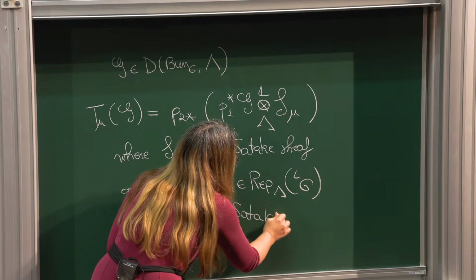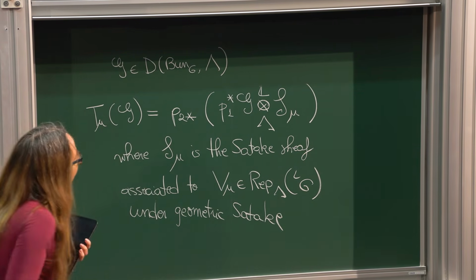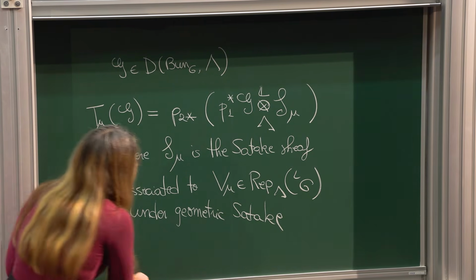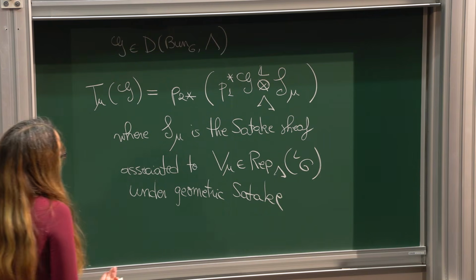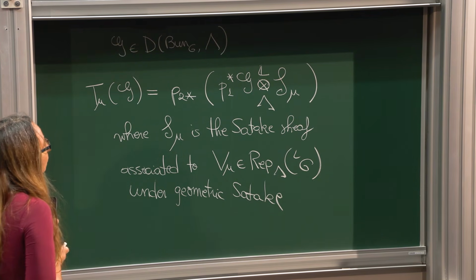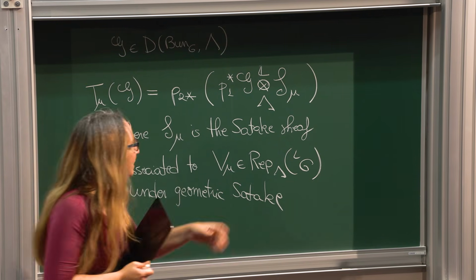And so the square root of p that I chose up there is used to normalize the geometric Satake correspondence. In this particular case, where mu is minuscule, so in general, these are defined as some middle extensions from open Schubert cells.